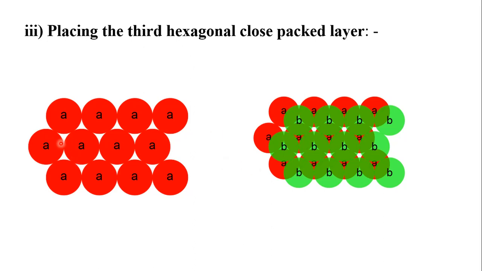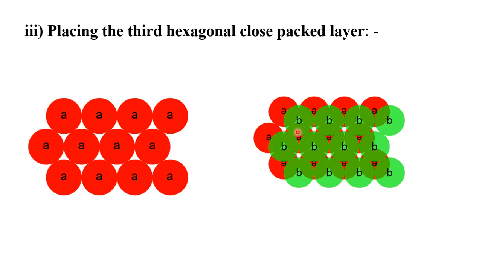Actually, the shape of the void is not tetrahedral, but it is surrounded by four spheres. If you join the centers of these four spheres, we get a tetrahedron, and therefore such a void is called a tetrahedral void.